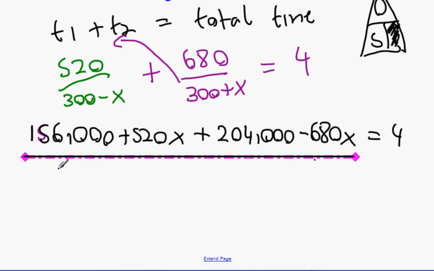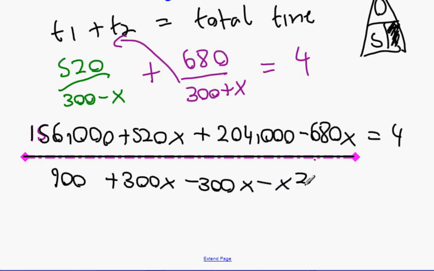Okay, so we're going to have 90,000 there. We're going to have plus 300x minus 300x minus x squared.